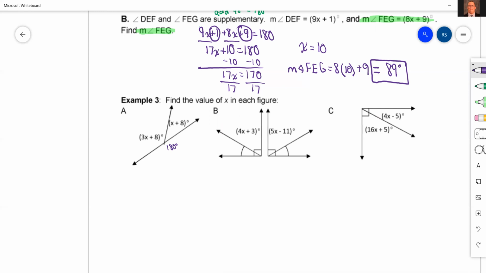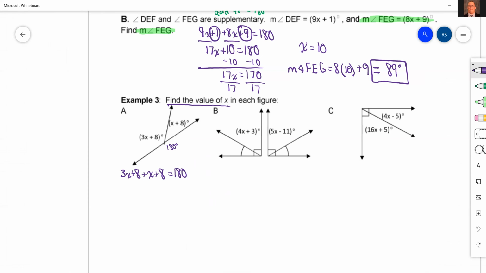And on all these pictures, they just tell us to find the value of x. So we're just finding x. How can I get x? I've got to add these and set them equal to 180. So 3x plus 8 plus x plus 8 equals 180.